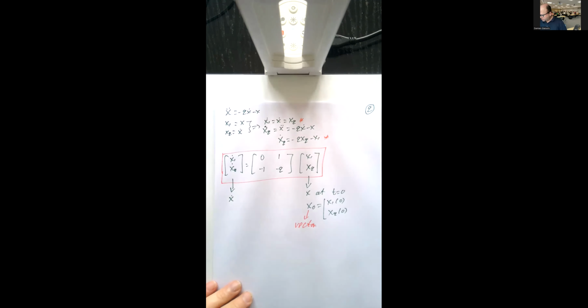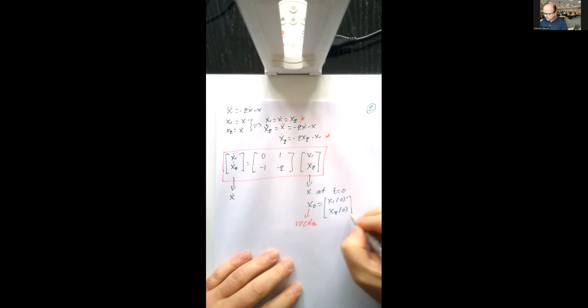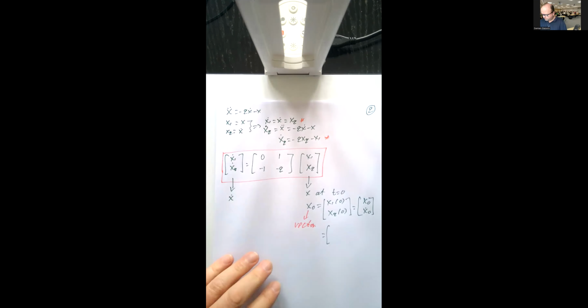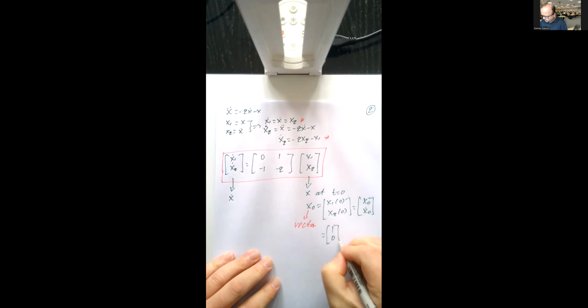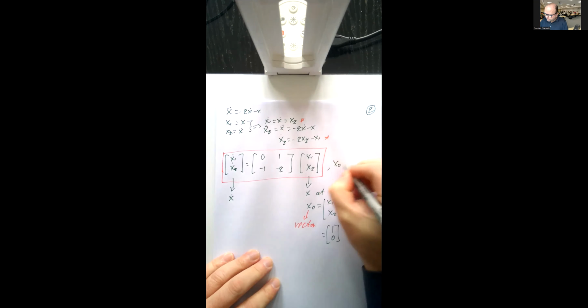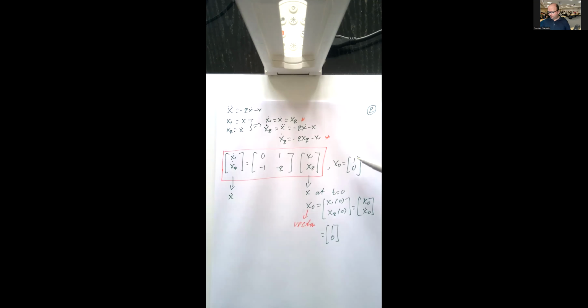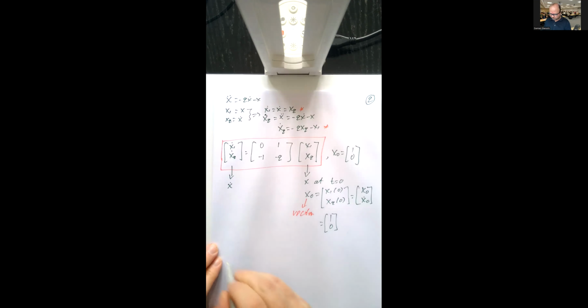Just be a little bit careful about this. So x1 we know from here will be x naught, and x2 will be x dot naught. So the initial state vector will be 1 and 0. So let me also write it here: x naught will be 1 and 0. So when I try to solve the state space model, at some point I will need to use the initial state vector, and it's going to be 1 and 0.